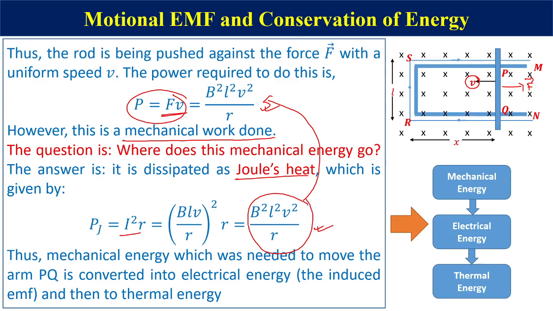Your mechanical energy gets converted into electrical energy, which ultimately gets converted into thermal energy, because Joule's heating effect is only possible if you have some amount of electrical energy. So your mechanical energy can never be converted directly into thermal energy. It must be converted into electrical energy first and then thermal energy. I hope this part is clear.